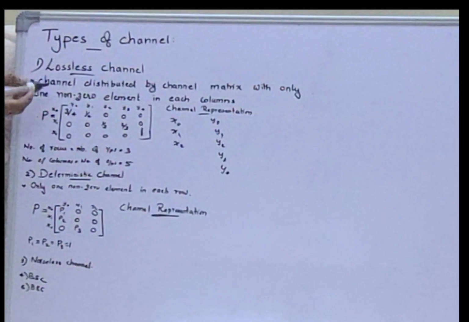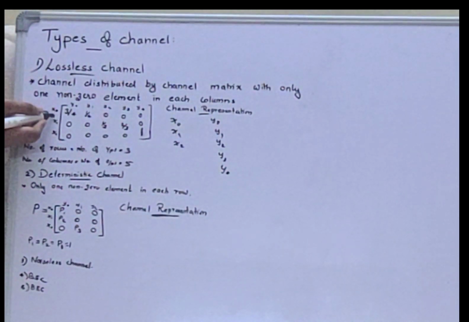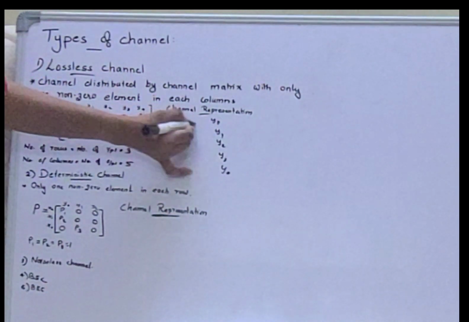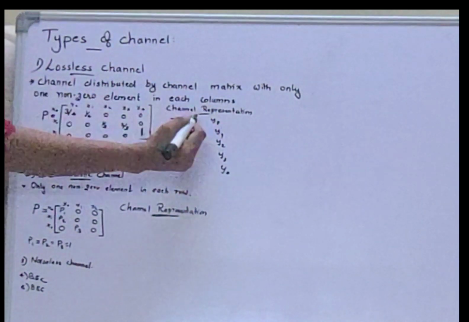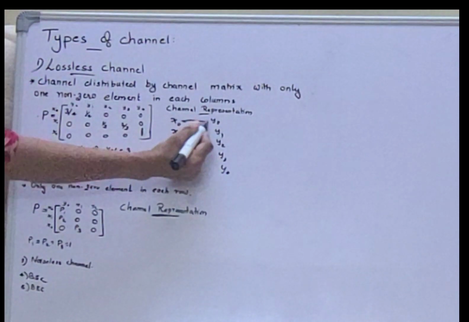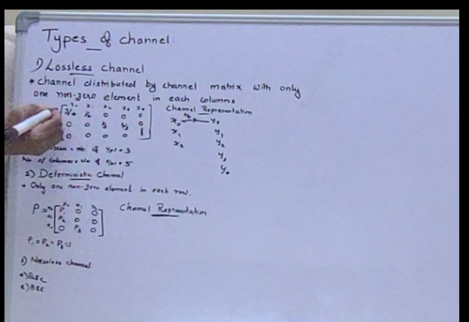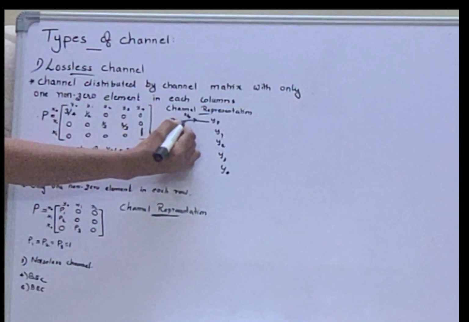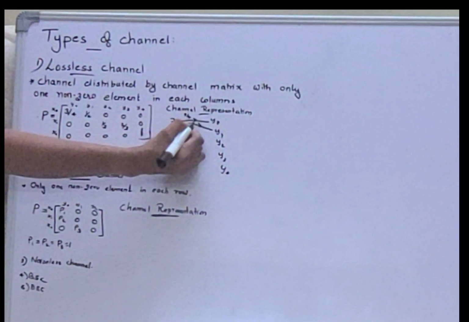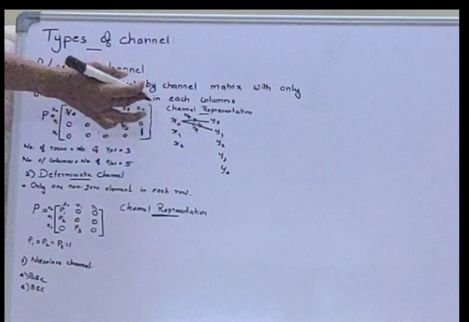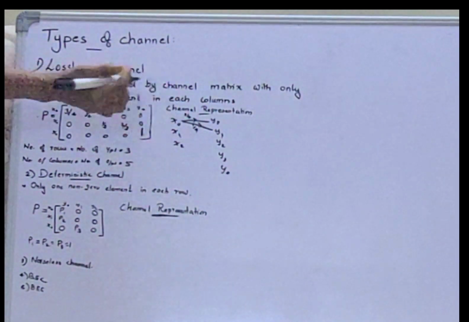Now we look at each input. x0 to y0 we have a probability of 3 by 4. Then x0 to y1 we have a probability of 1 by 4. Okay, this is the way of drawing the channel representation.